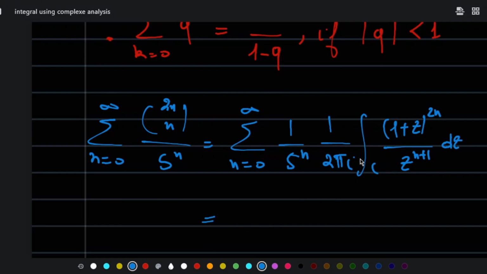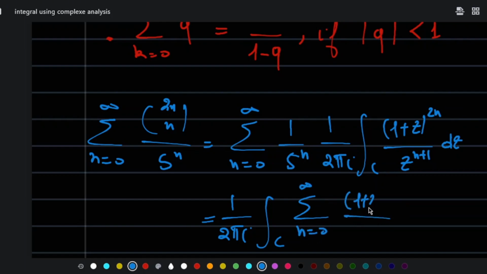Now I will exchange the order of integration and summation to get the integral over c of the sum from n equal to 0 to infinity of (1 plus z) to the power 2n over 5 to the n, and this z to the n plus 1 I will write as z to the n multiplied by z.